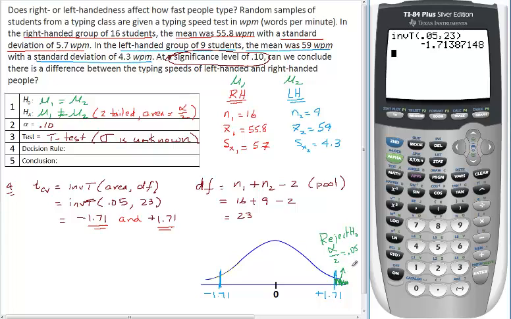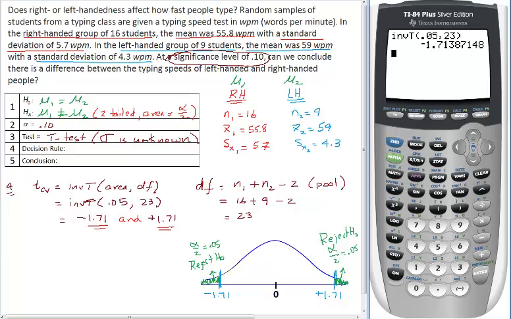Because remember what alpha is: the probability of rejecting the null hypothesis, even though it may be true. So this is alpha over 2, 0.05.